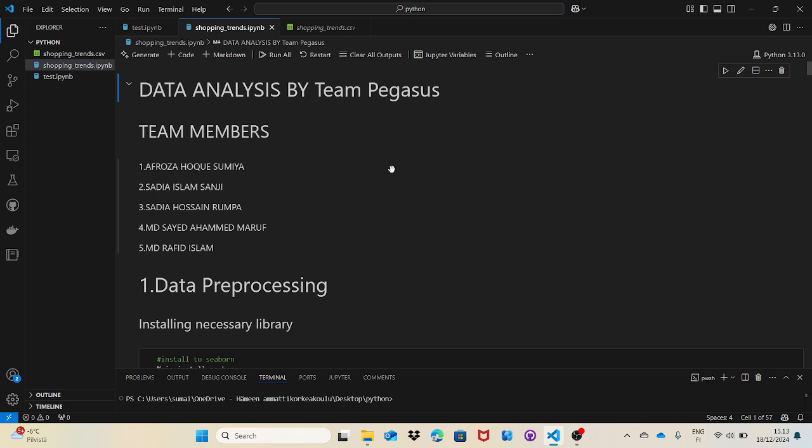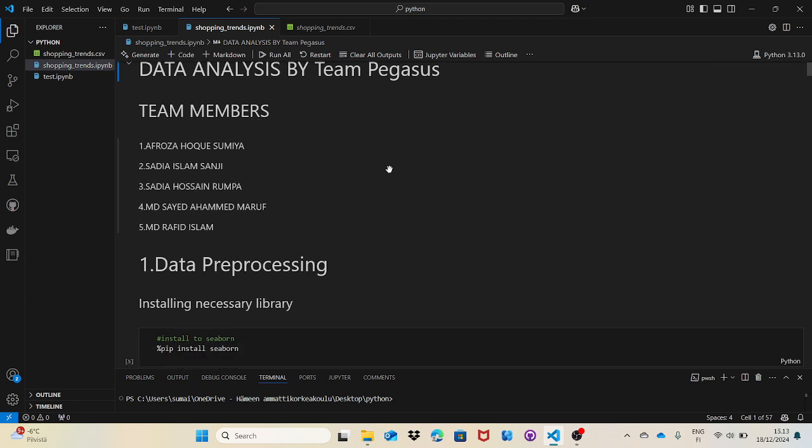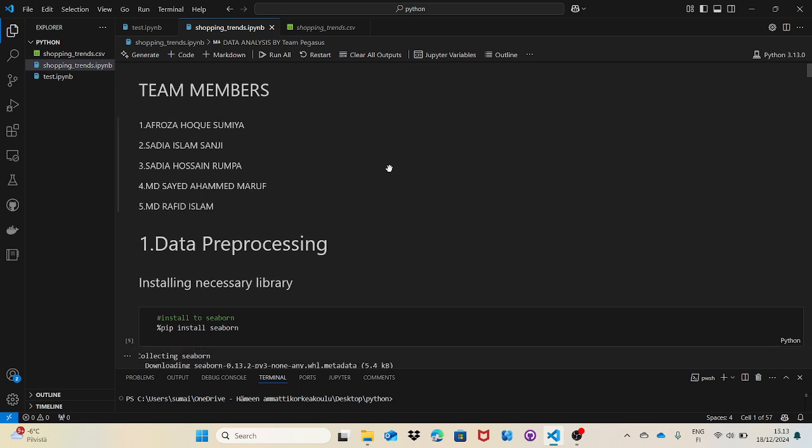To make these trends more accessible, we have created visualization that help us and others better interpret the data. Finally, we documented our insights and proposed strategies based on our findings. My work was to do data loading and initial exploration.